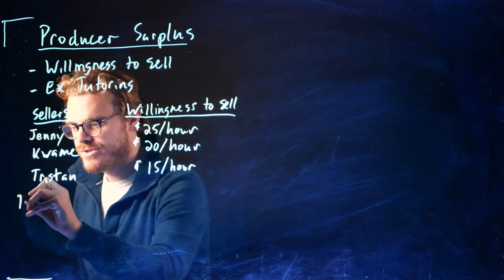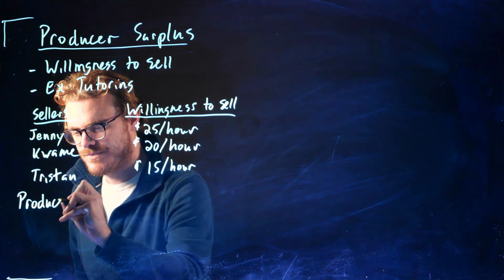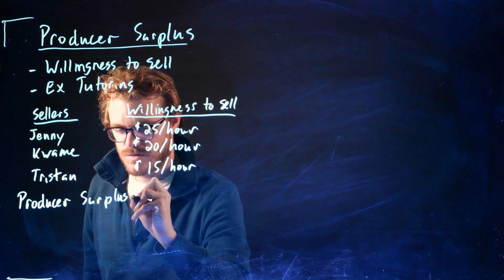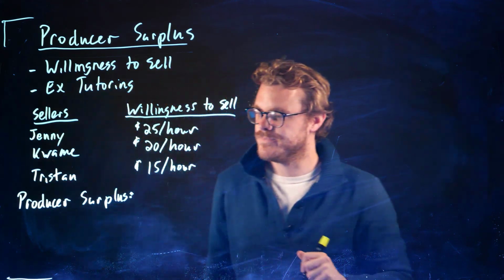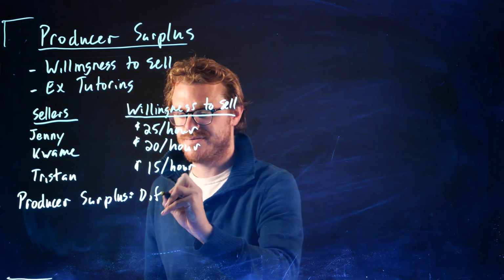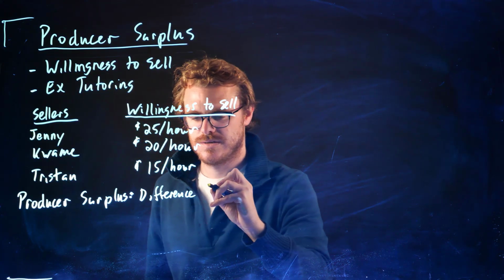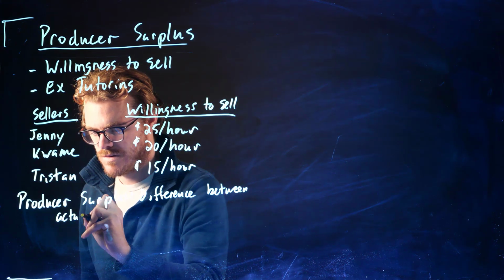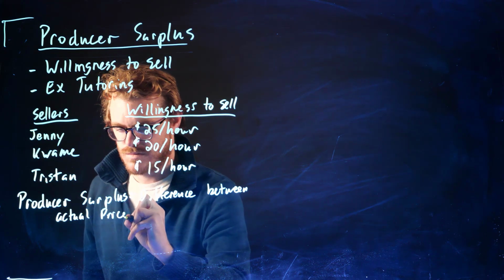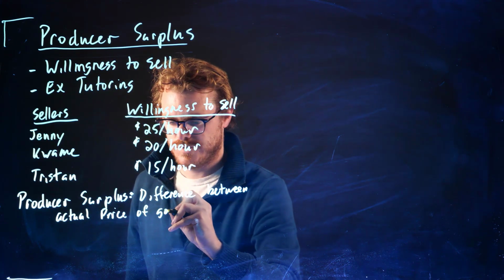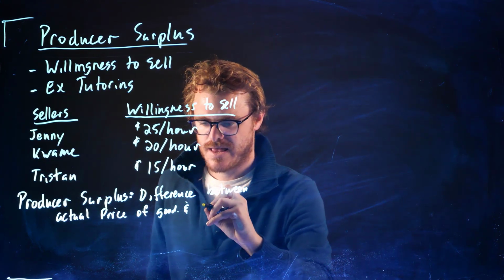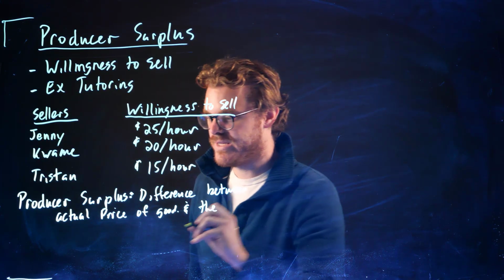And so what producer surplus is here, put a colon there, is going to be the difference between the actual price, the actual price that this good gets exchanged for, and the willingness to sell.